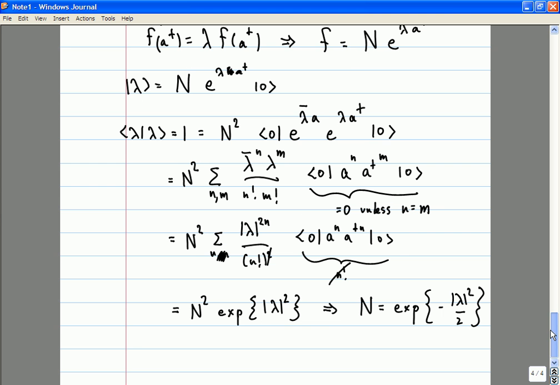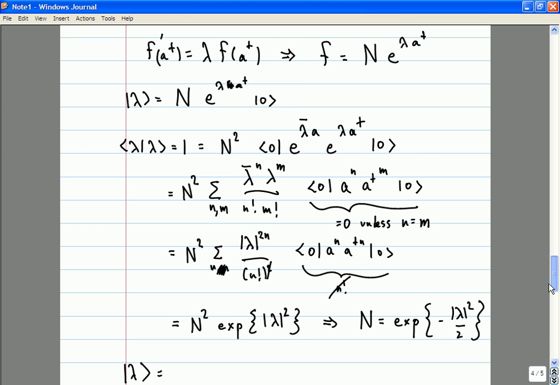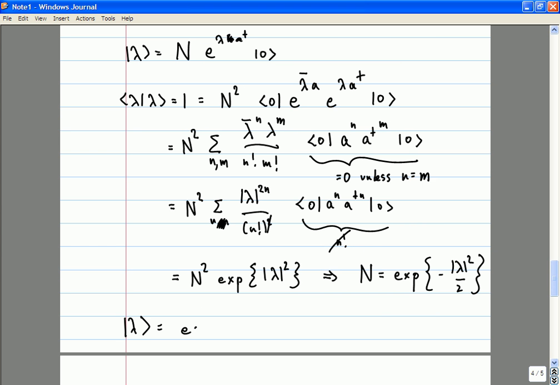So, putting this all together, the coherent state lambda is given by a normalization factor to make the state unit normalized of e to the minus the norm of lambda squared over 2 times e to the lambda a dagger acting on the ground state.